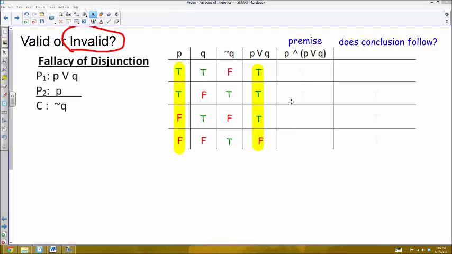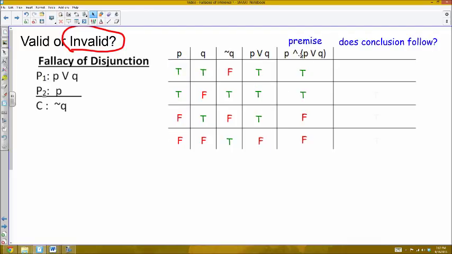Okay, so now in order for this combined statement to be true, both of these will have to be true together. So true and true is true. True and true is true. False and true is false. And false is false. So I've determined the truth values of that combined premise statement.